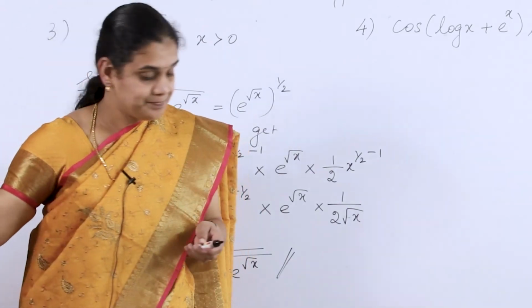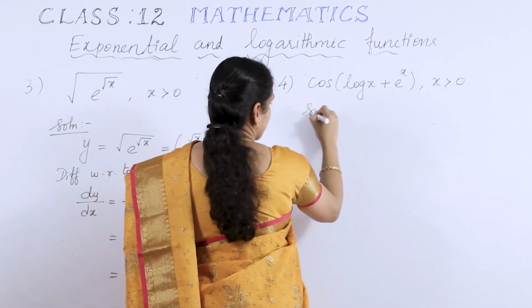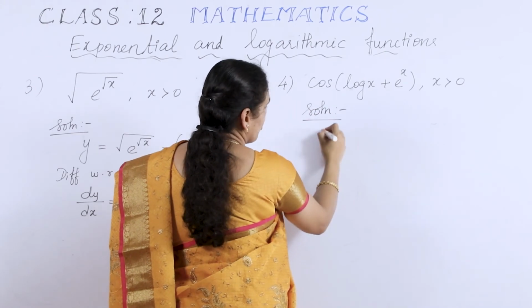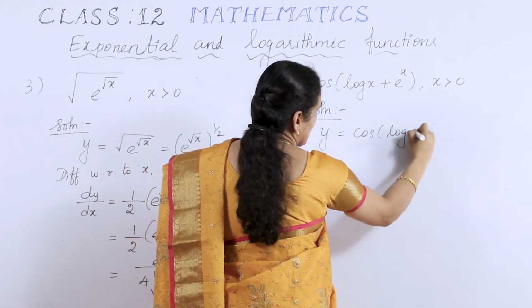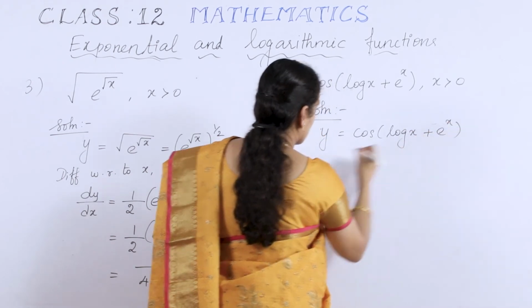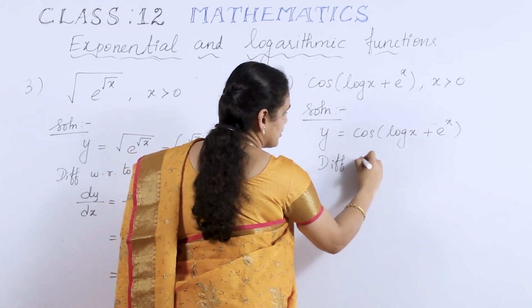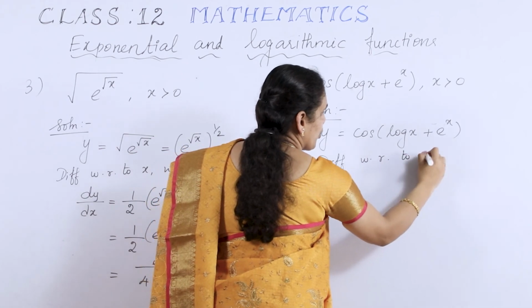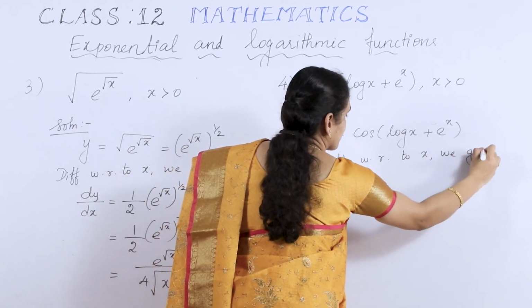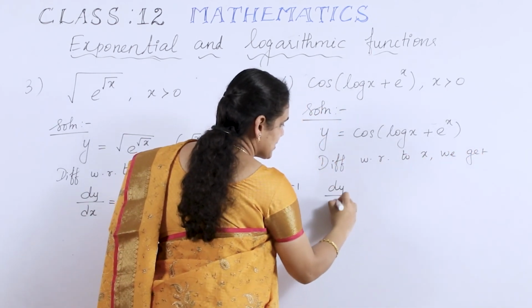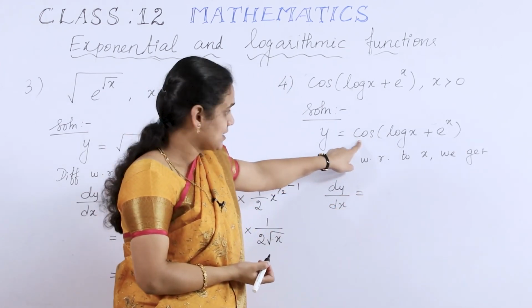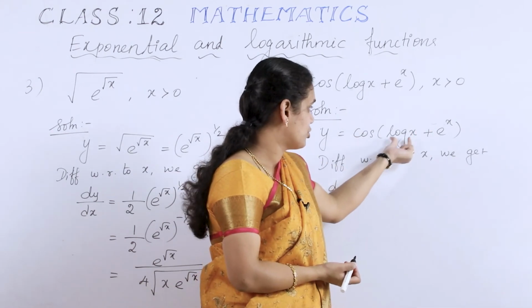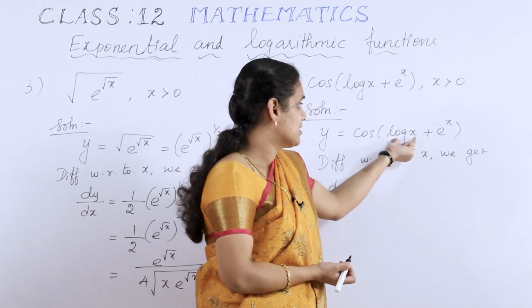Then one more problem, that is, let y equal to cos of log x plus e to the power x. If we differentiate with respect to x, we get dy by dx is equal to, first let us differentiate the cos and then we get inside the bracket and we differentiate one by one term wise because it is in addition.